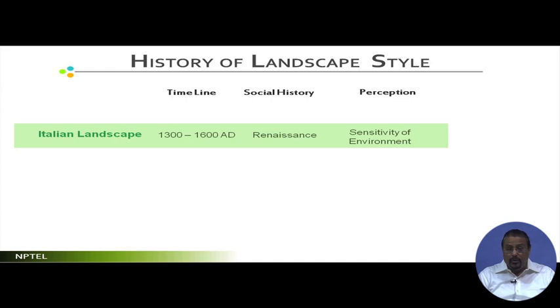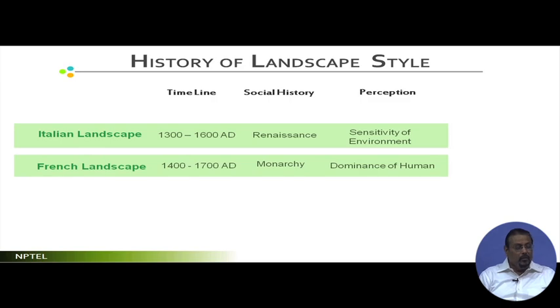So, the perception of the Italian landscape garden style is sensitivity of environment. People started realizing that environment is essential, it is prime, and people started exploiting it, exploring it. Almost at the same time, slightly after, when the Italian landscape style started evolving, the French landscape style evolved.